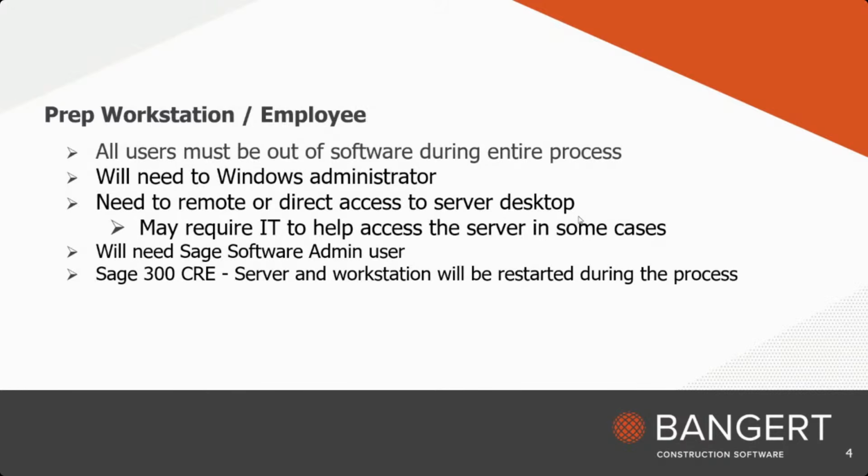It's going to be everybody out. The process usually takes 3 to 4 hours, sometimes a little bit longer, depending on how that file upgrade looks. You're also going to need a Windows administrative username and password for the server and any workstations that are being updated. You will need to be able to access the server desktop.